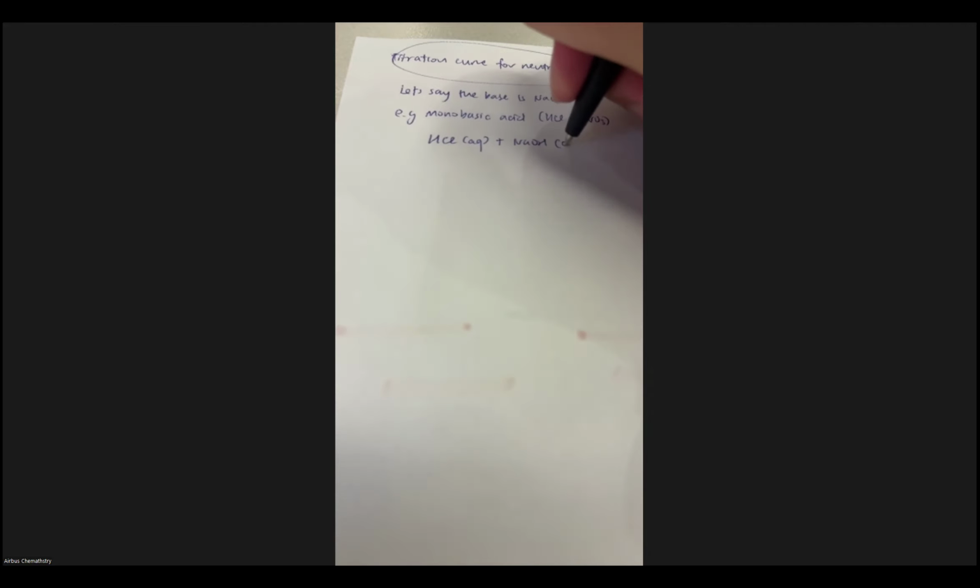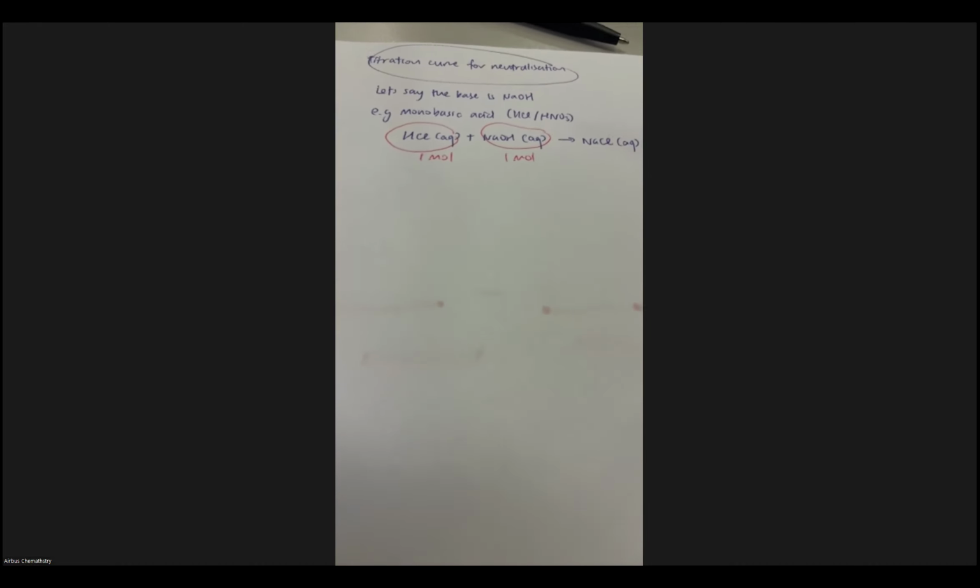Here you go: HCl aqueous plus NaOH aqueous will give you NaCl aqueous plus H2O liquid. So what's the mole ratio here? This is 1 mole to 1 mole.